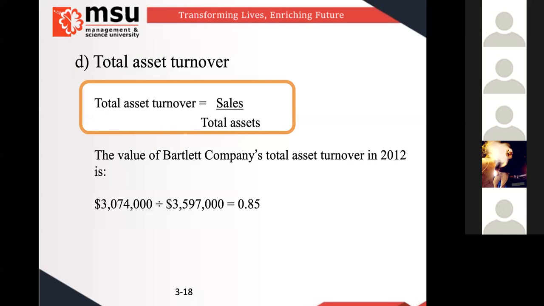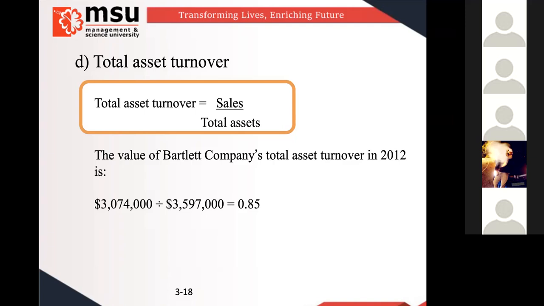Okay, is it good? It's good, but the asset is not fully utilized. It's not yet fully utilized. If the answer is more than 1, it is fully utilized, but it's overutilized. If the answer is less than 1, it shows that the asset is not yet fully utilized.